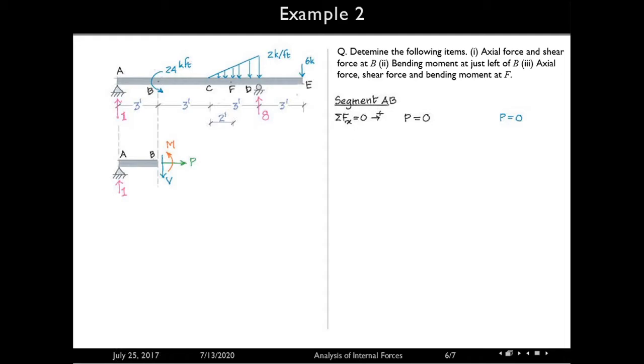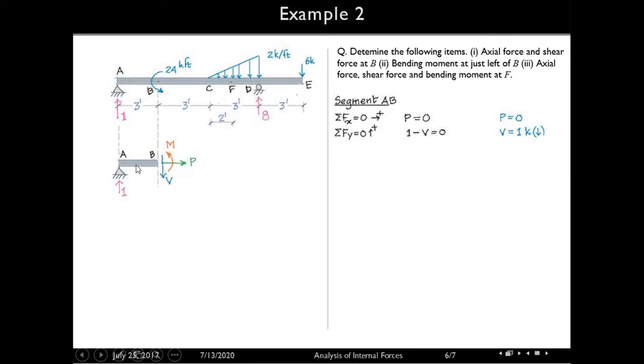Up next we need to apply summation of Fy. Applying summation of Fy and considering the upward direction as positive, we will consider all the y directional forces here in order to form this equation.